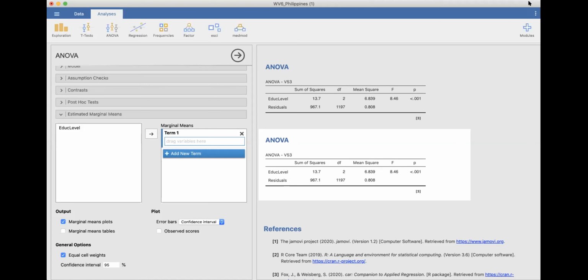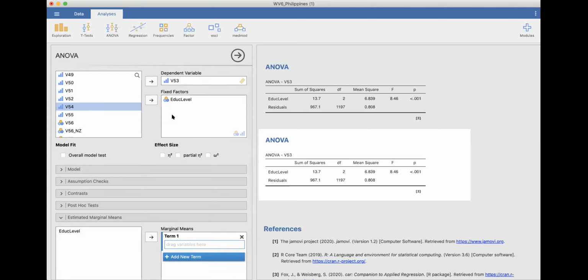Okay, who has gone through this? Anyone would like to volunteer? Ma'am, there's a significant difference with an F ratio of 8.46. Okay, so that's one, right?